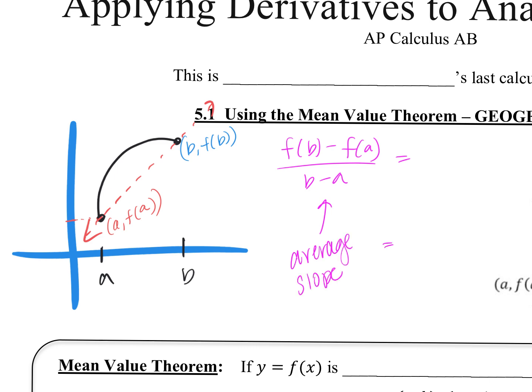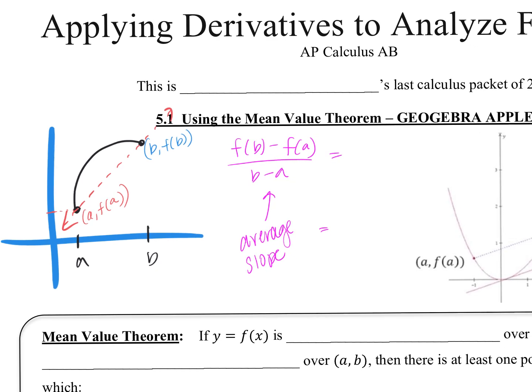And the mean value theorem says as long as my function is continuous and differentiable, no cusps, no corners, no discontinuities, there's going to be some other point, and I'm going to draw a tangent line as parallel to that secant line as I can.